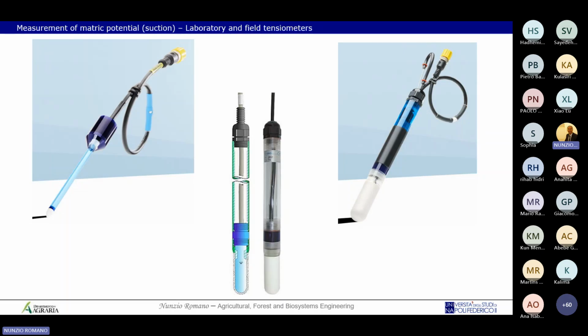So you have to refill the tensiometer if you wish it to keep working.